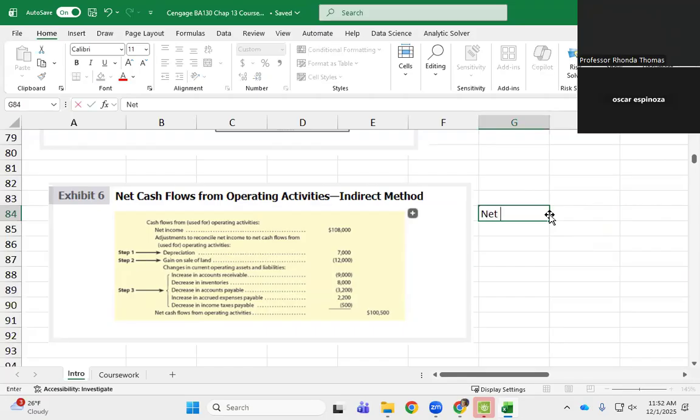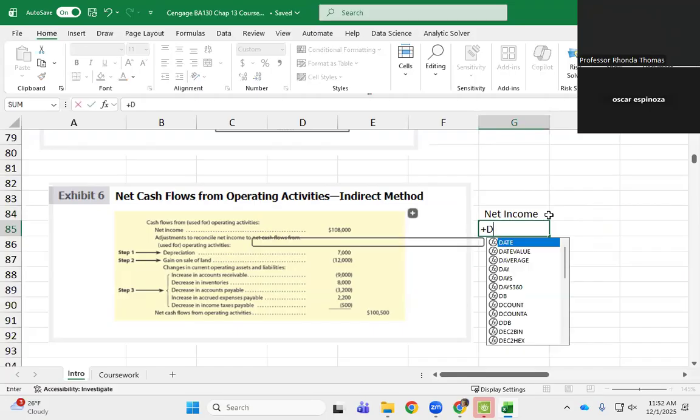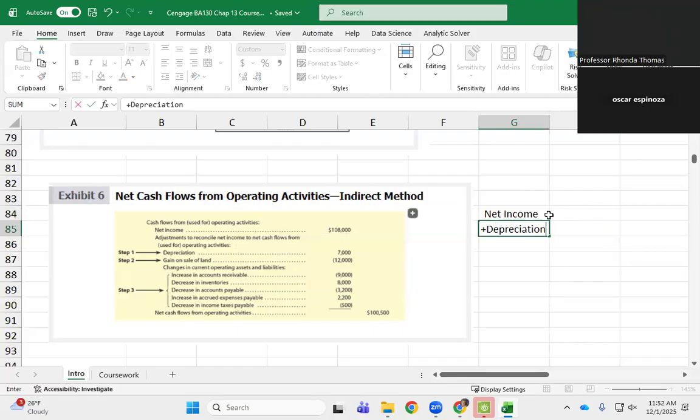You start with the net income. You add depreciation. Now you say, well, what if we don't have depreciation? If you're in business of any kind, you'll have some form of depreciation. So you always add depreciation. It doesn't matter what happens, you will always add it.